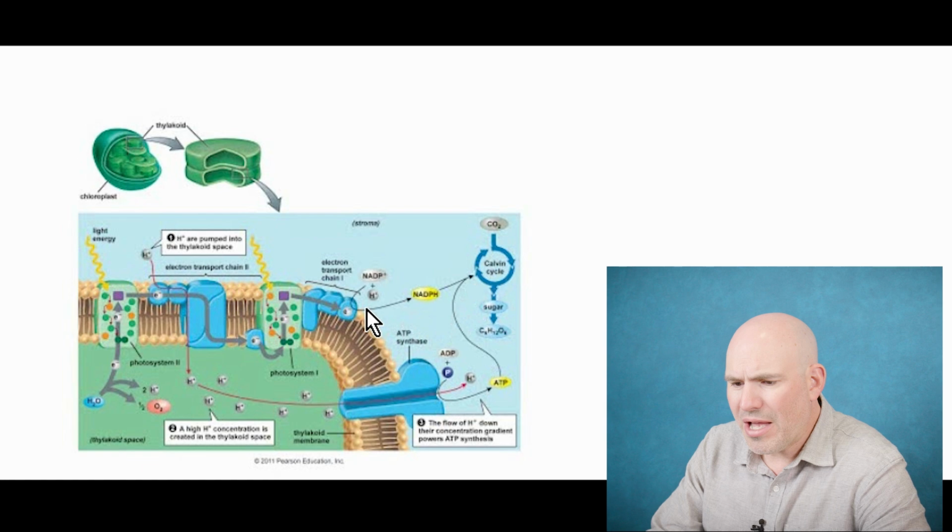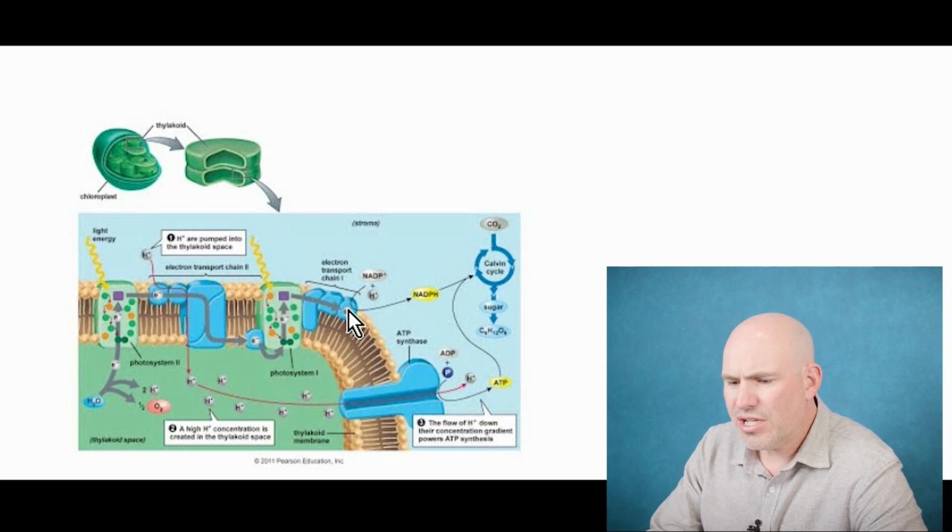Okay, so now let's get back to this electron. The electron went through the second electron transport chain in order to pump those protons in here, right? So we wanted to put more protons in there, and now we know why: to generate that ATP. Then that electron went down its concentration gradient of energy, and then it's going to get excited in photosystem 1 and go through another electron transport chain, waiting for NADP plus to come take it to the Calvin cycle.